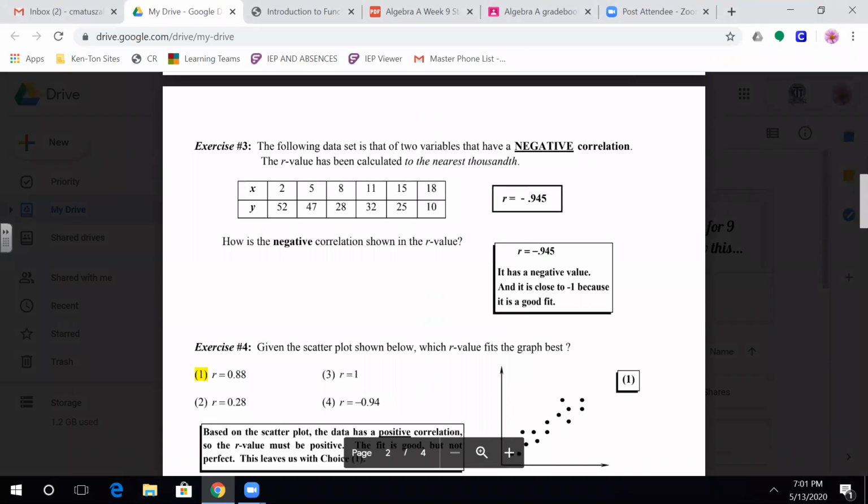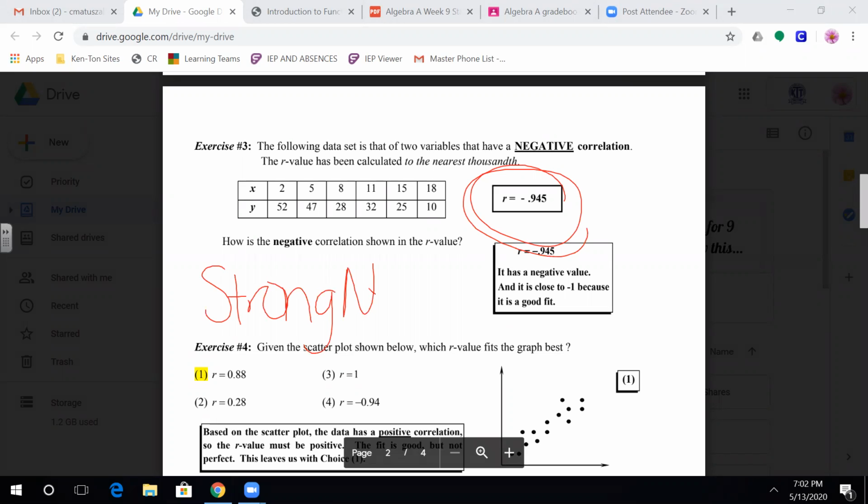So if you see here, this one just says that it has a negative correlation, and it's negative, but it's a strong negative because it is very close to -1. So it's a strong negative.